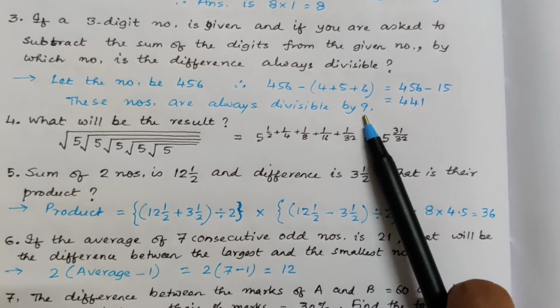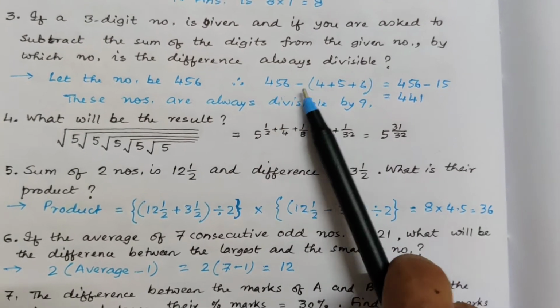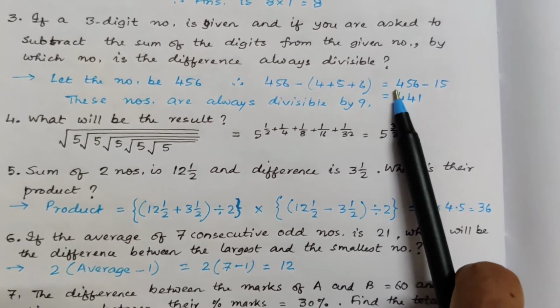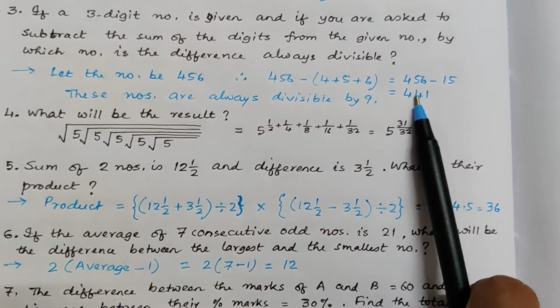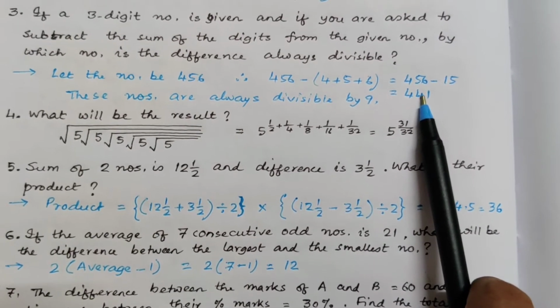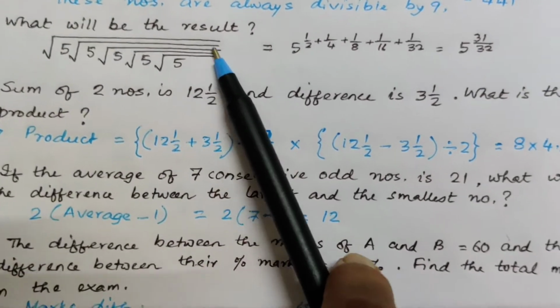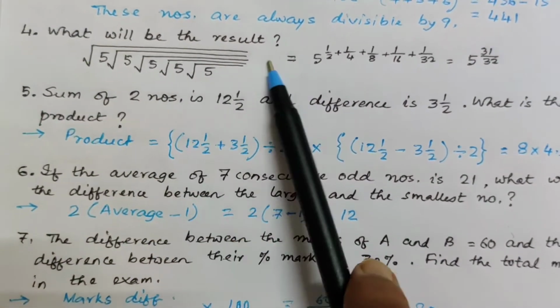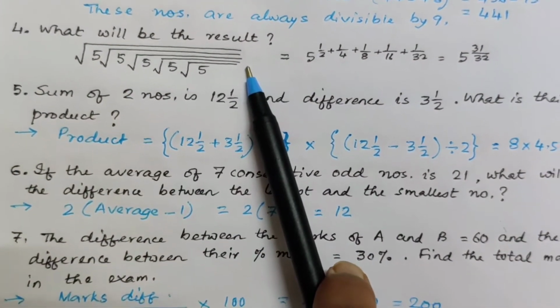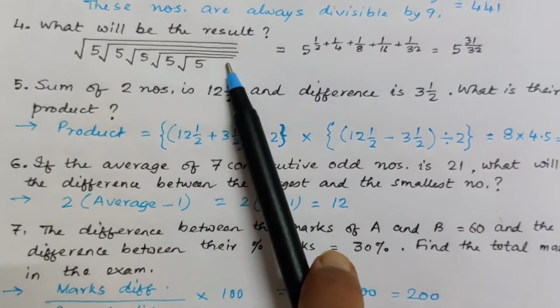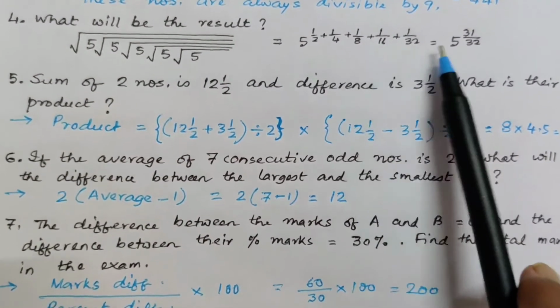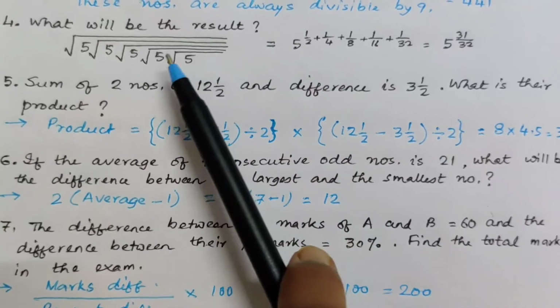Always. Now 456 minus (4 plus 5 plus 6) means 456 minus 15, that is 441. That is divisible by 9. This type of sum often comes in SSC, clerical exams, banking, UPSC, everything.